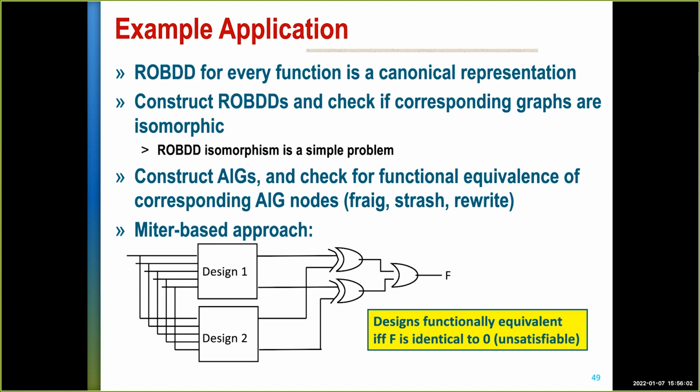And so you can then say that, well, if I can make a cut here, and if the corresponding points of the cut are already shown to be equivalent, then I don't need to worry about the functionality of the outputs of the gates at the cut. I can just worry about the design later on.